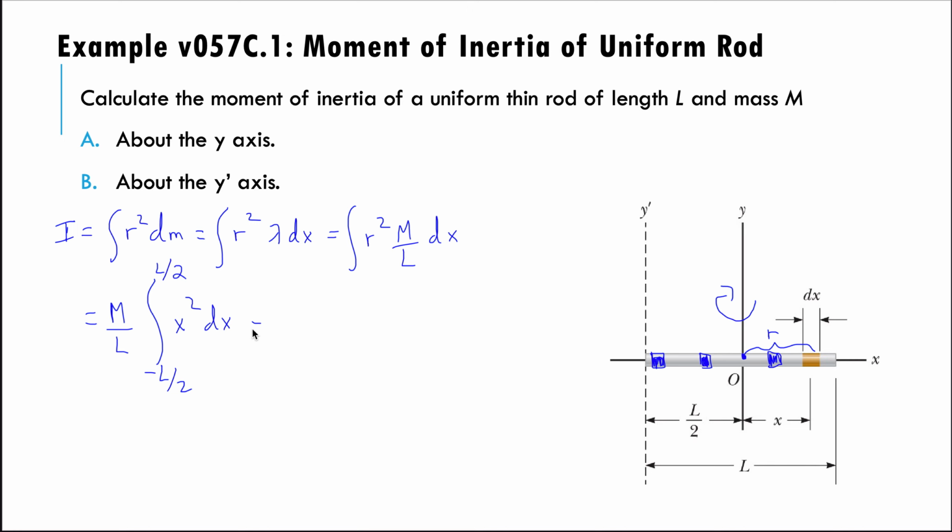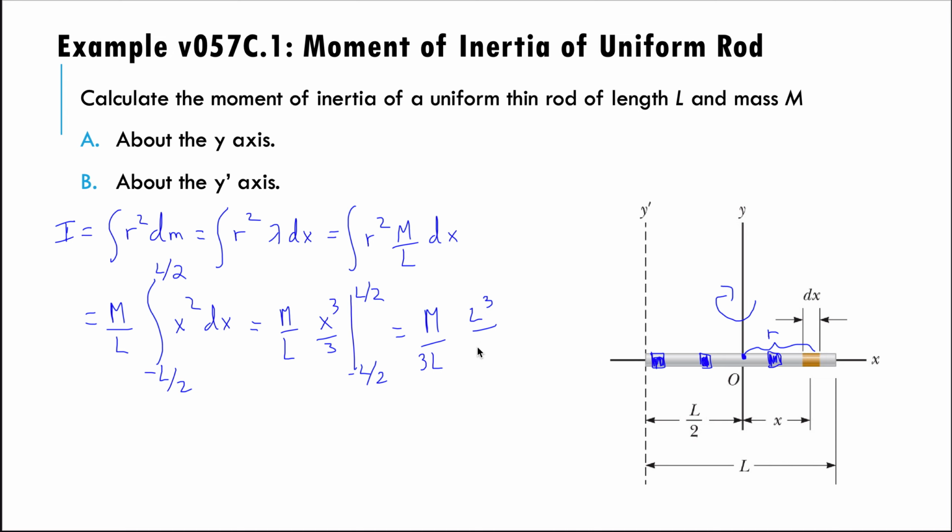Now we're ready to perform our integral. We're going to have x cubed over 3 when we integrate, and then we're going to plug in the limits, negative L over 2 to L over 2. So when we plug in these limits, we're going to have M over L. When we put in L over 2, we're going to get L cubed over 8. Actually, the factor of 3 here, I'm just going to take it out.